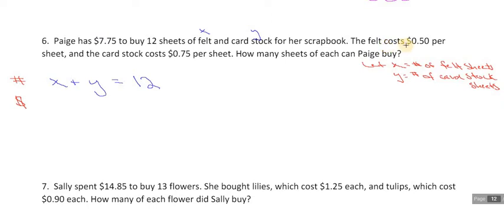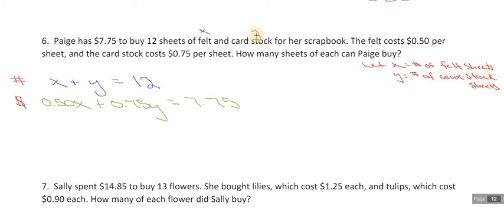So because felt is 50 cents, we're going to do 0.50x, so 50 cents per number of sheets of felt, plus the cardstock, which is Y, 75 cents per sheet of cardstock, so 0.75y.